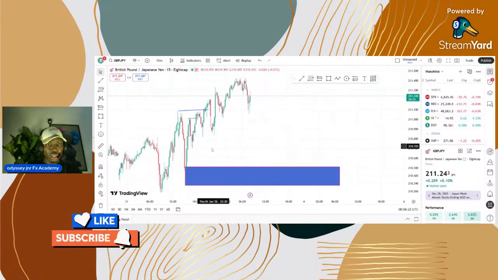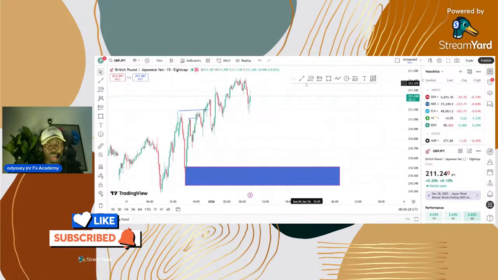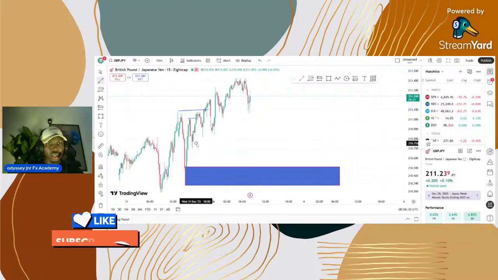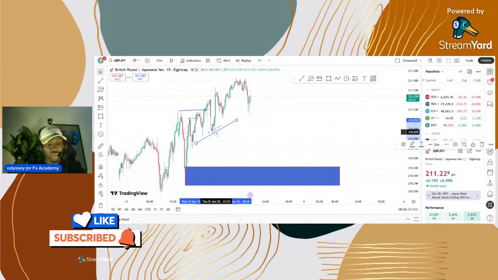At least we have the liquidity zone here. The liquidity is clear. This order block will also serve as our liquidity. We have our liquidity clear here.